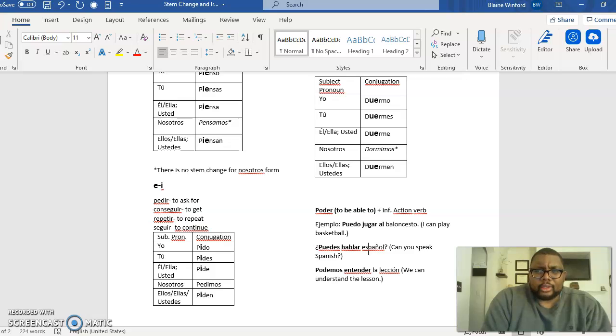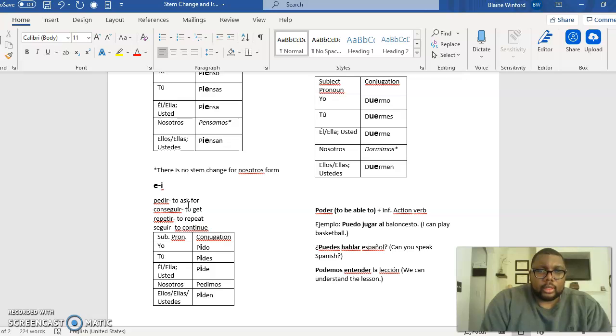It's just a special verb that I wanted to point out here. Let's go to the left. We have a couple examples of E to I stem changes, such as pedir, to ask for or to order, conseguir, to get, repetir, to repeat, seguir, to continue or to follow.